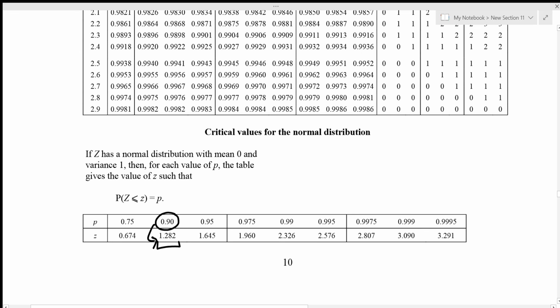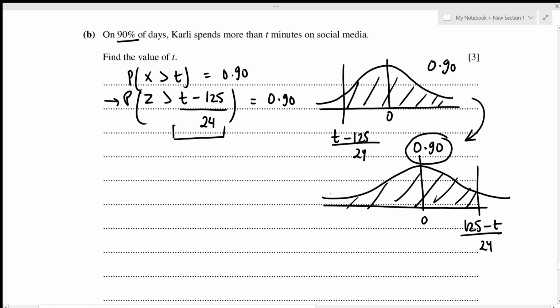So we're just going to substitute this value. Alright, we figured out the corresponding z value to be 1.282, which means that this value is going to be equal to 1.282. Now we can easily figure out the value for t by the use of this equation, right? So that's going to be (125 minus t) by 24 equals 1.282.